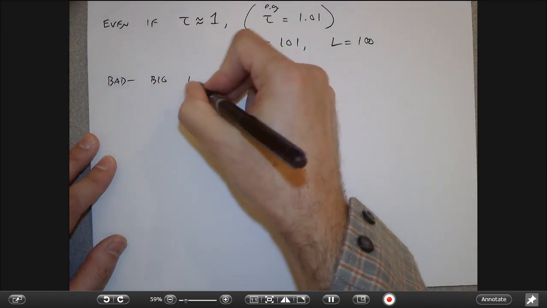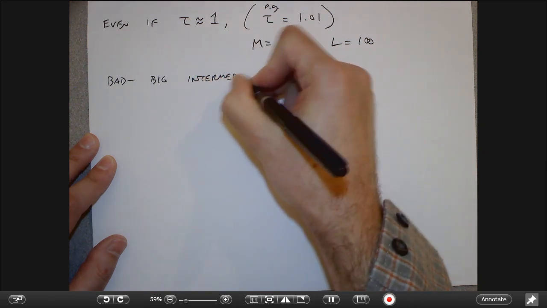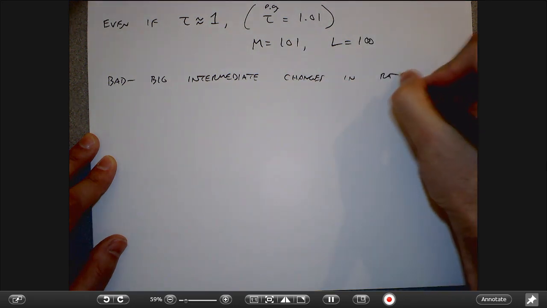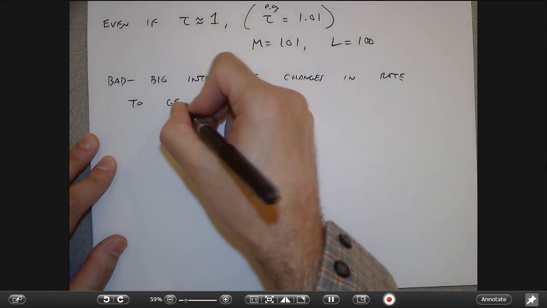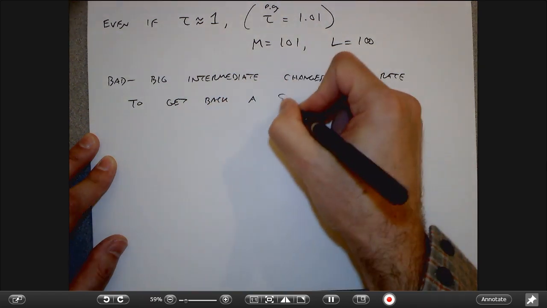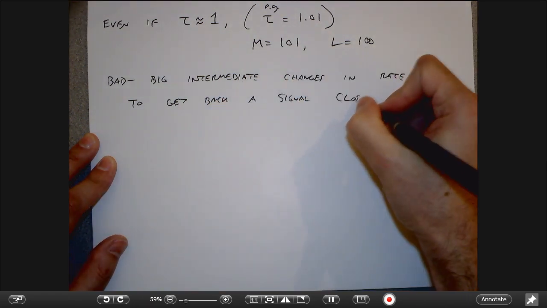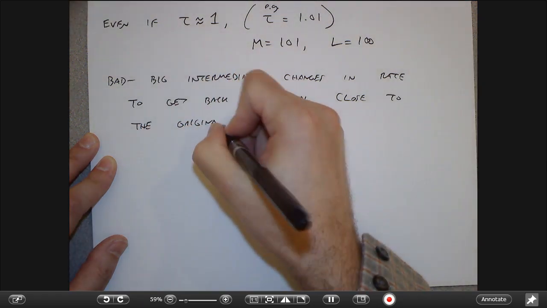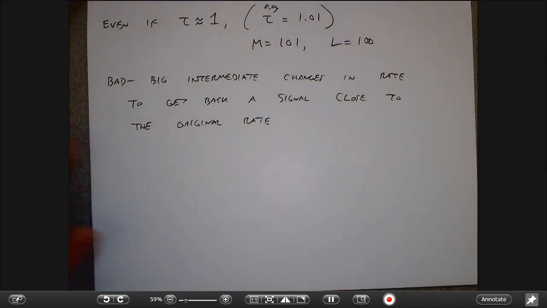I'd be basically having big intermediate changes in rate to get back a signal close to the original rate. Right? So why would I want to suddenly balloon up the signal with 100 times the extra number of samples and then throw almost all of them away just to get back down to something that was about the same rate, right?